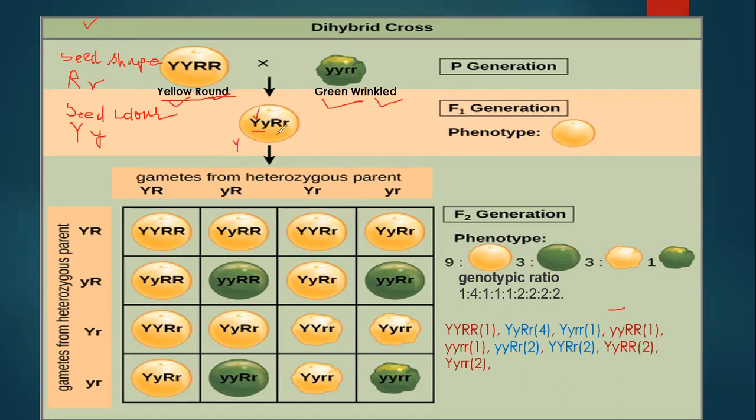This is also a heterozygous condition, so according to the law of dominance, the dominant one will be expressed, so this is round. If yellow and round seeds are produced in the F1 generation, that means yellow and round are the dominant traits.